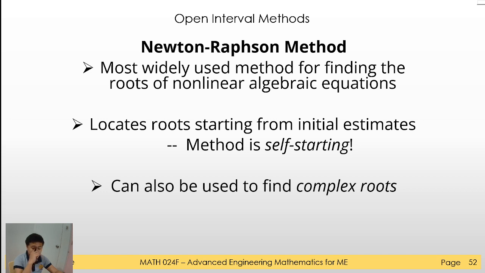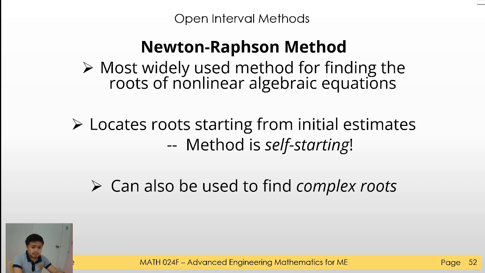Although we will not discuss complex roots here, the thing to know is that we can also utilize this for complex roots. So how do we find the root or approximate root using the Newton-Raphson method? How do we define this?